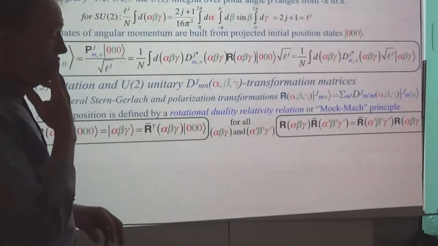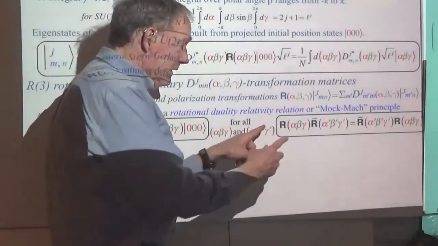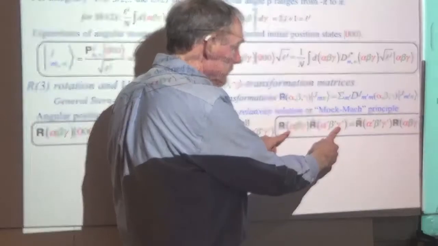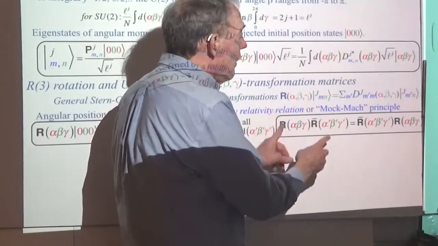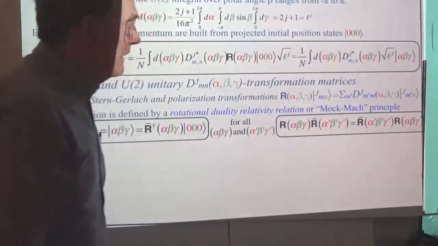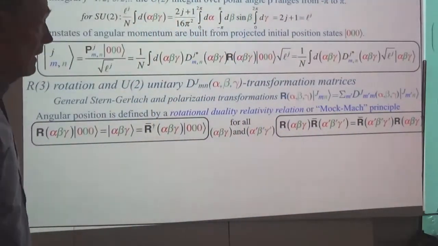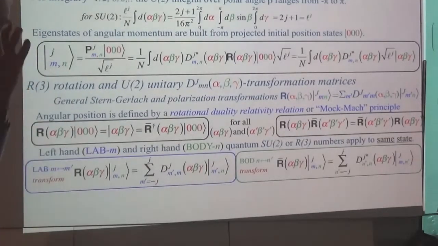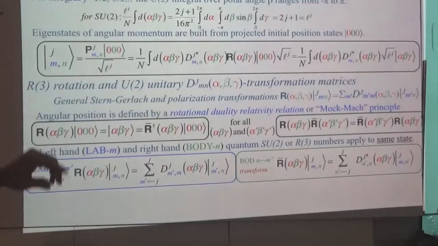And furthermore, those two operators, no matter what values of angles for this one and what values of this one, they all commute. They all can be flipped, and they're equal in either order. So that's the Mach principle right there.